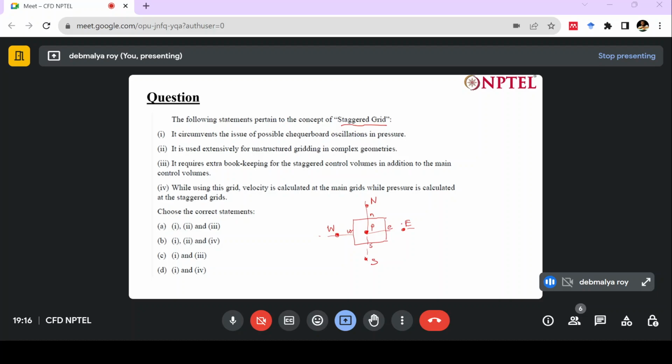But the dependent variables that we want to solve for are always at the grid points. Now here we will move away from this concept. The grid points will contain the value of pressure.